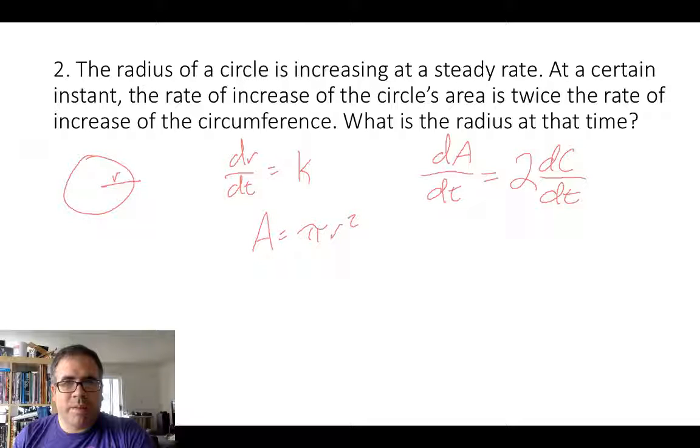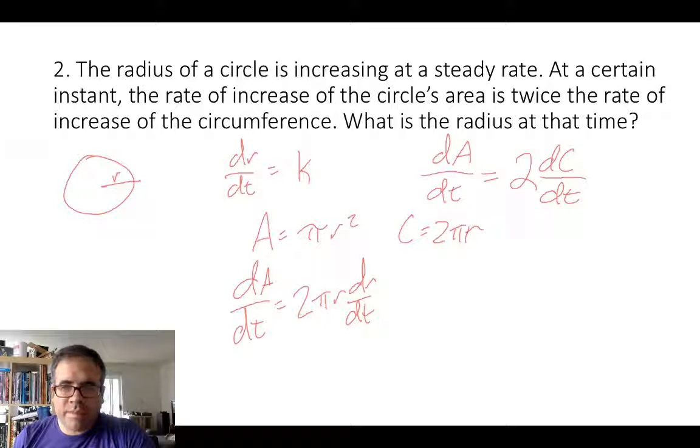We know the formula for the circumference of a circle. That's circumference equals 2 pi r, so that the derivative of the area in terms of time, dA/dt, is equal to, of course, 2 pi r dr/dt. Derivative of the circumference, dC/dt, is equal to 2 pi dr/dt.